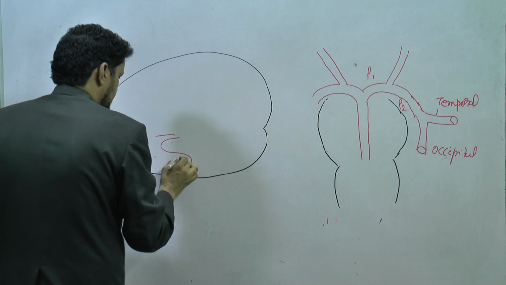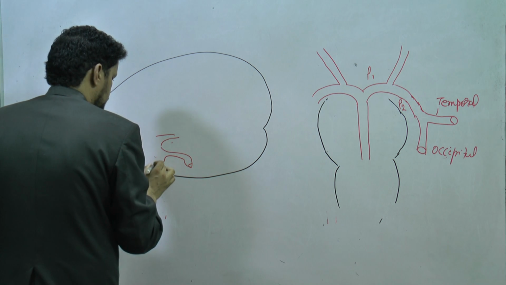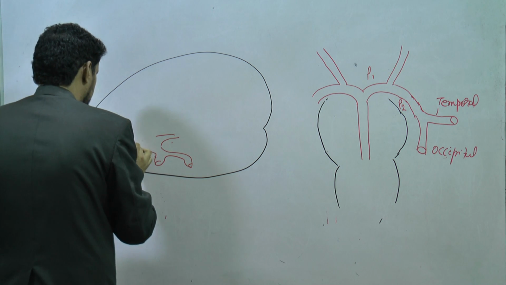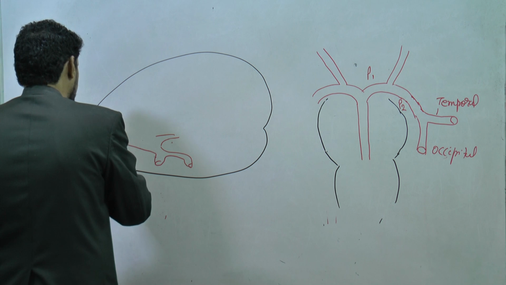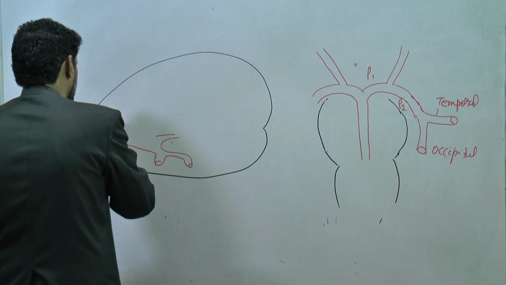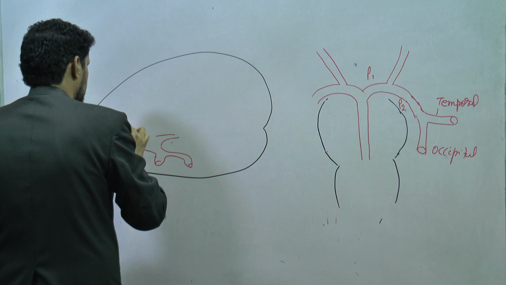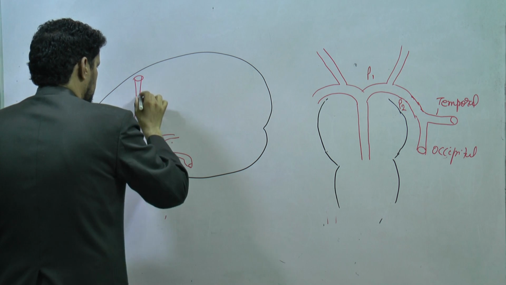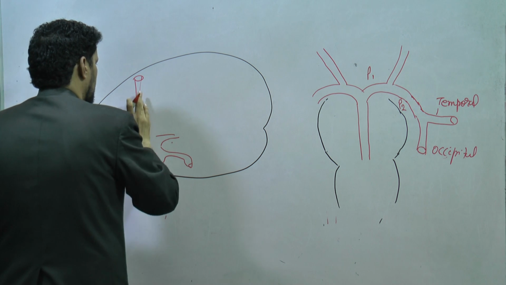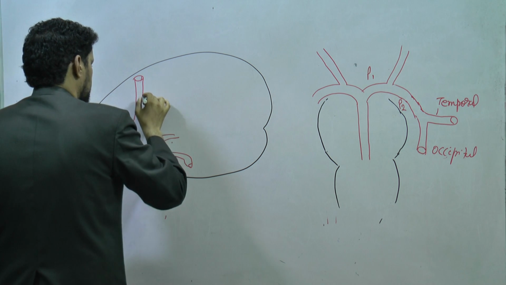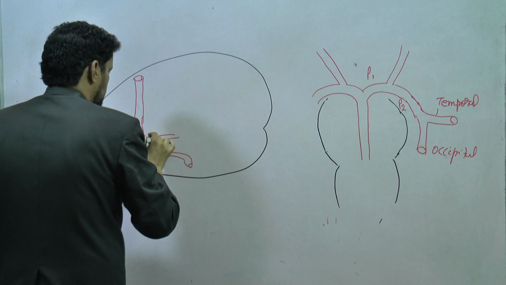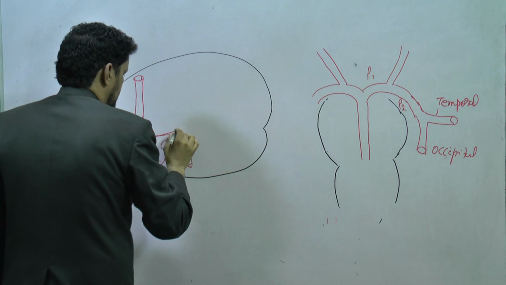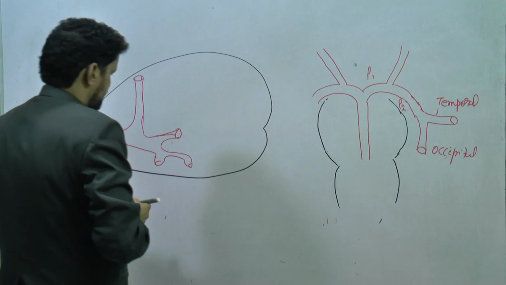So these are the temporal branches. And these are the occipital branches, sometimes also known as the internal occipital branches.